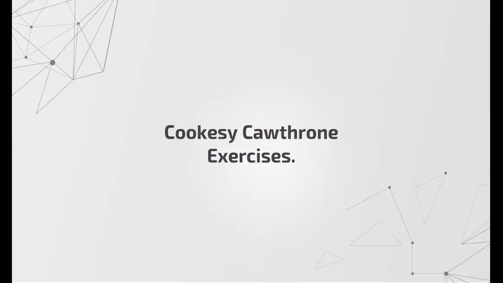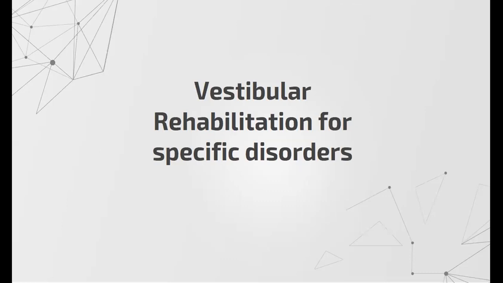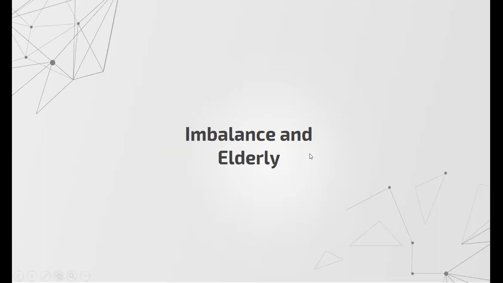We all know about these Cawthorne-Cooksey exercises, so I will skip this. Now we will start the vestibular rehab for specific disorders. Let us take an example of imbalance in the elderly.